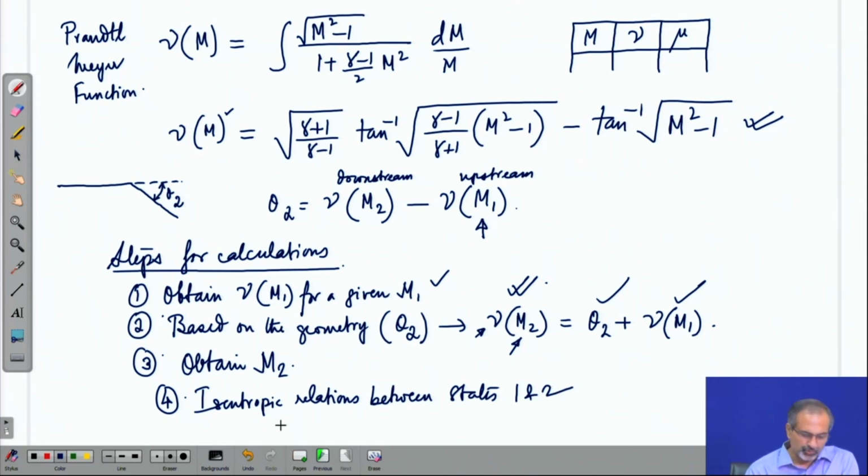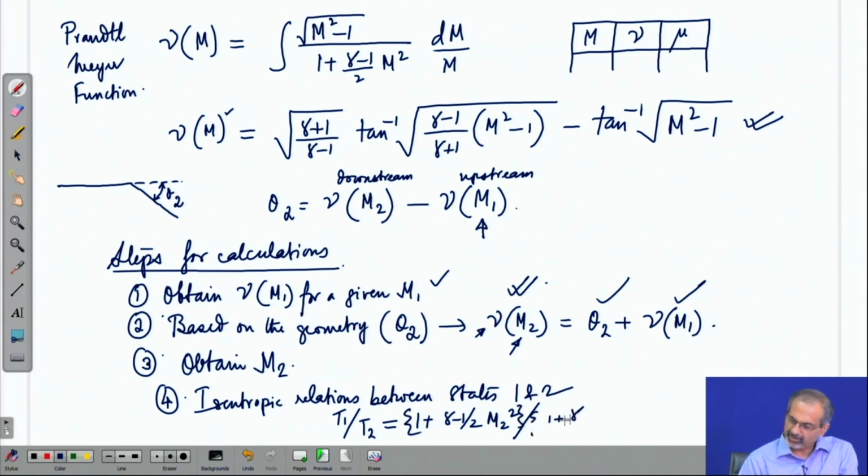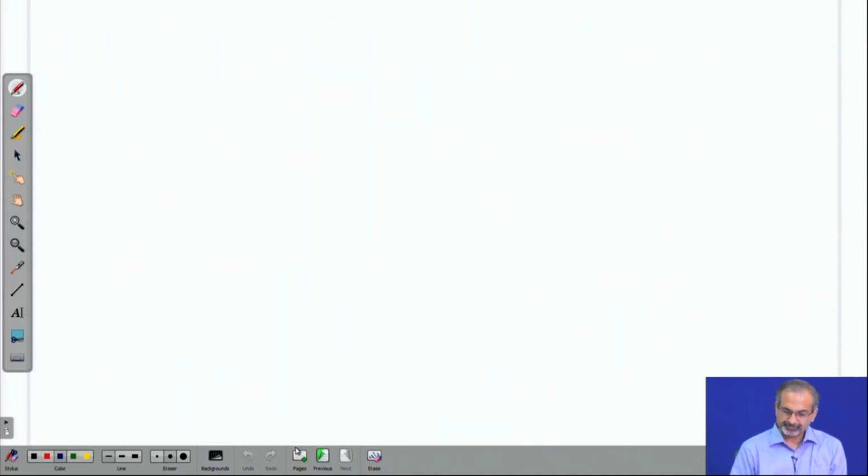All right. So, let us write down typically two relations which may be useful that way. Let us say temperature ratio, it will be obtained by an equation of this form. So, this is coming from your isentropic relations. If you are interested say in pressure, you can again use the isentropic relations.